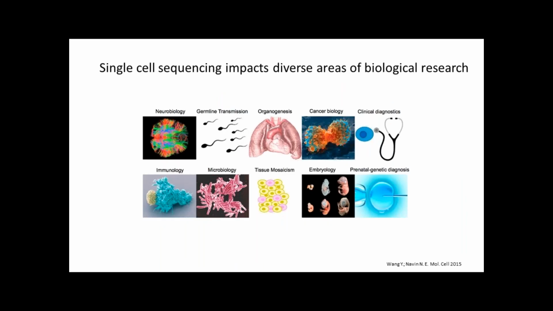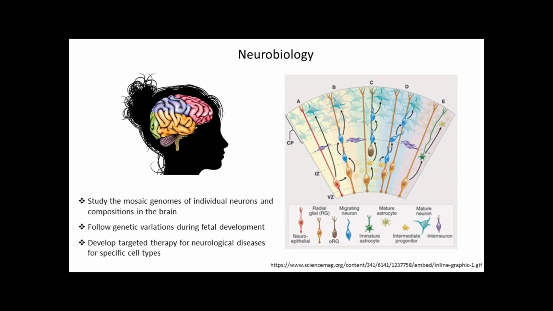Single-cell sequencing impacts diverse areas, including neurobiology, cancer biology, immunology, microbiology, and so on. In our neural system, we know there are many different cell types.